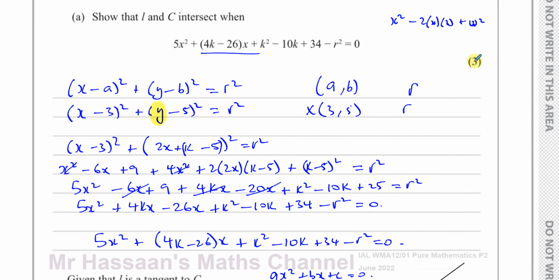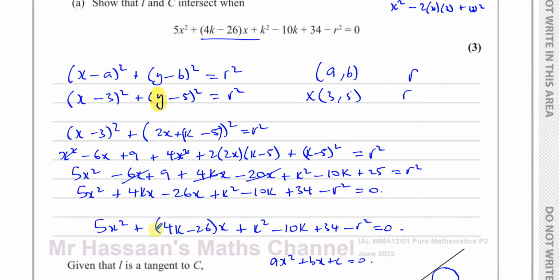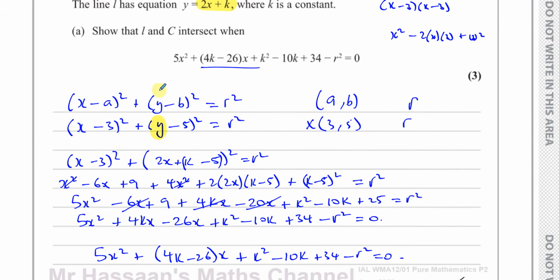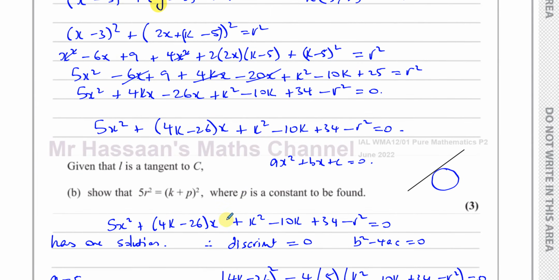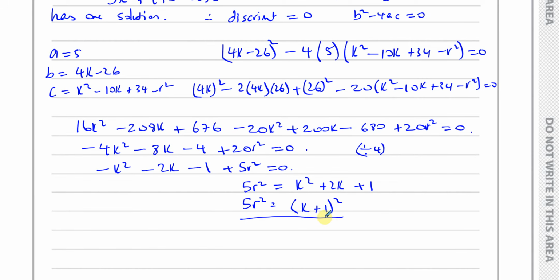You couldn't show this, so you lose the 3 marks or maybe some of the 3 marks. But even if you knew what to do and messed up with some algebraic manipulation, you have what you need to answer part B. If you understand how to do part B when there's a tangent, there's one solution, then you can do part B, and you have not lost those 3 marks.